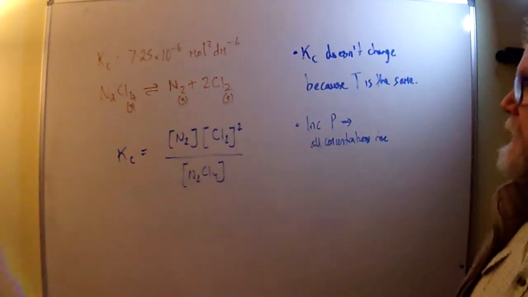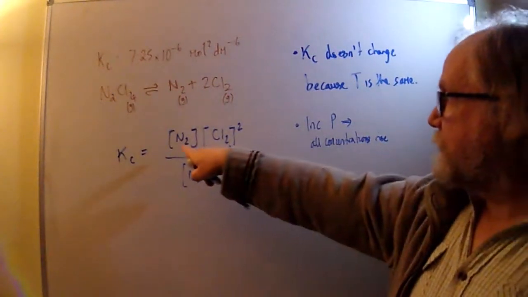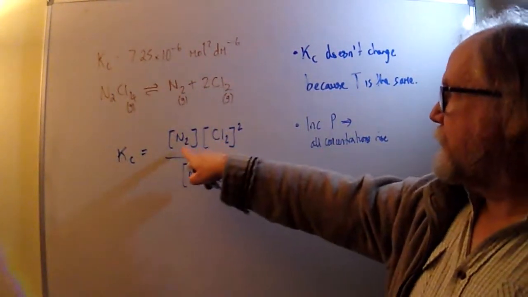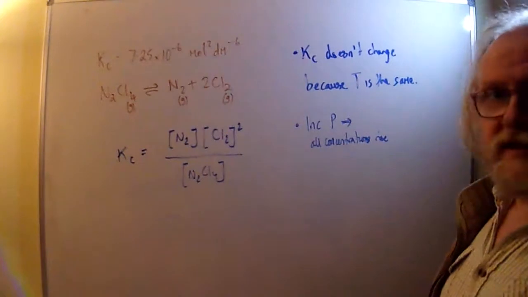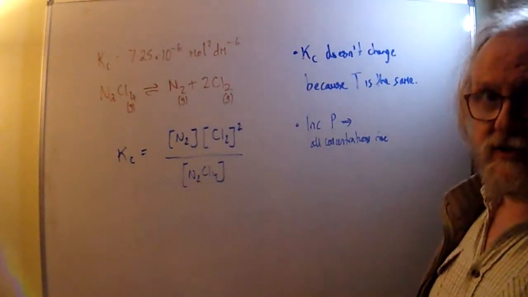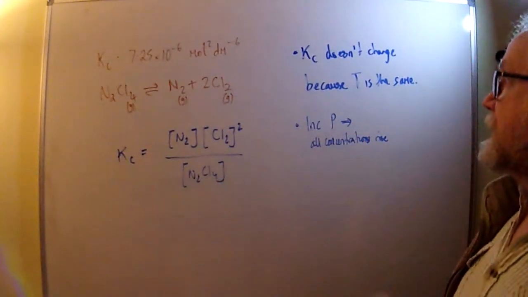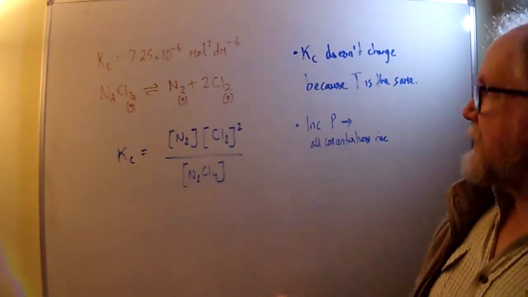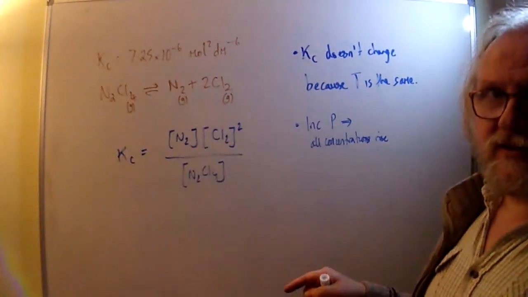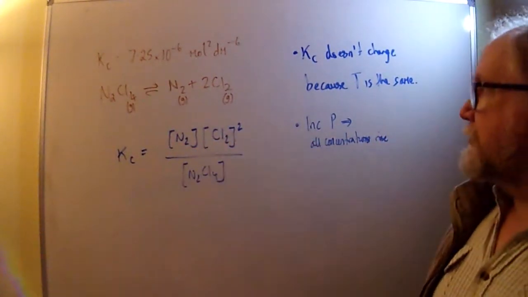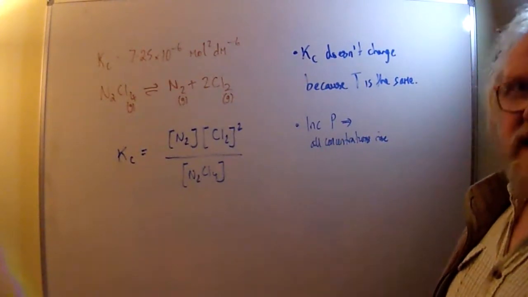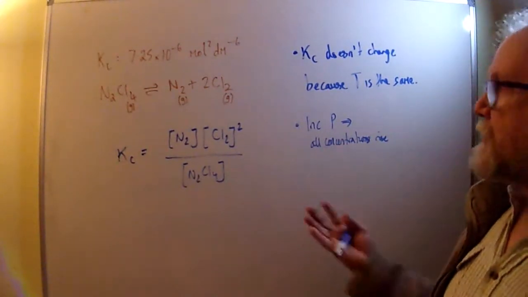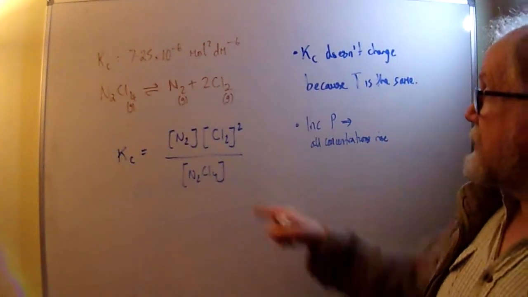So what does that do to this expression? Well, the point is that on the top we've got concentration cubed, but on the bottom we've just got concentration to the power 1. So if all of these terms get bigger, that's going to have a bigger effect on the top line than it will on the bottom line. If you're not convinced by that, just think about it numerically. Suppose we doubled the concentrations of everything.